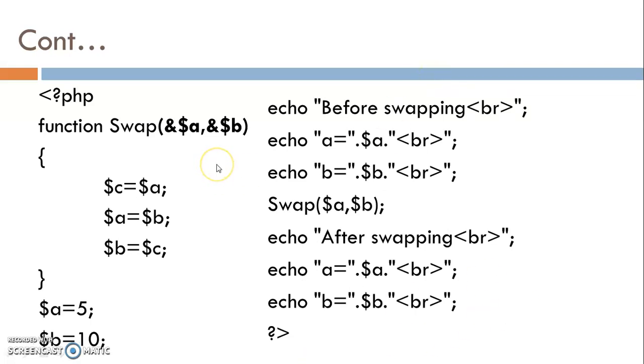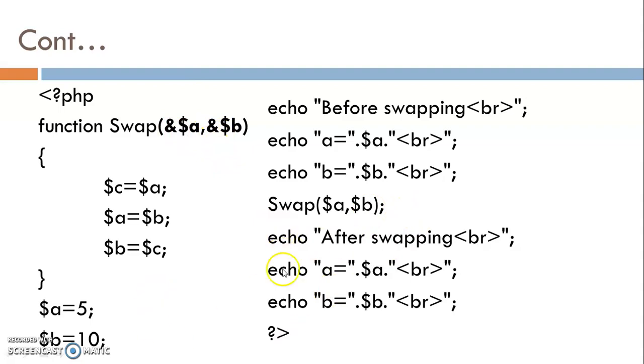Okay, this is the same code as the previous code which used passing by value, but only one change is made compared to the previous slide. In the function definition I use the ampersand sign with each and every argument. So here $a and $b are two arguments, and I write the ampersand sign. This is the reference sign.